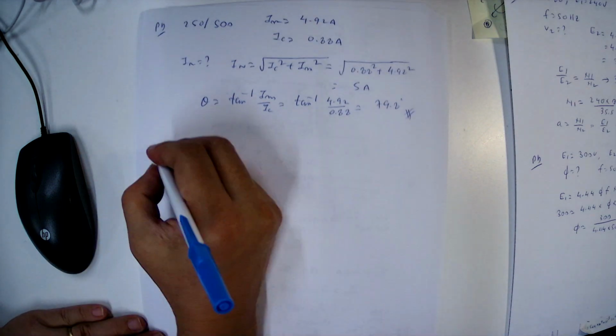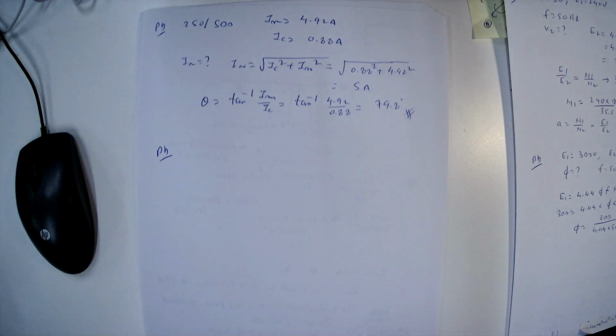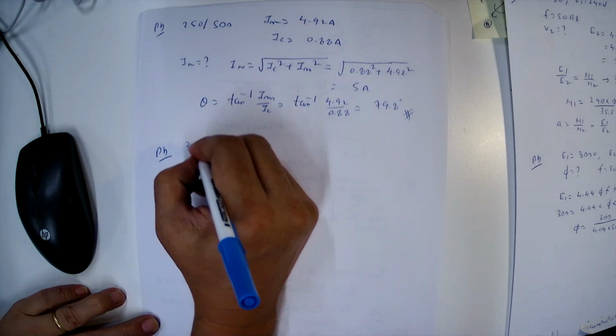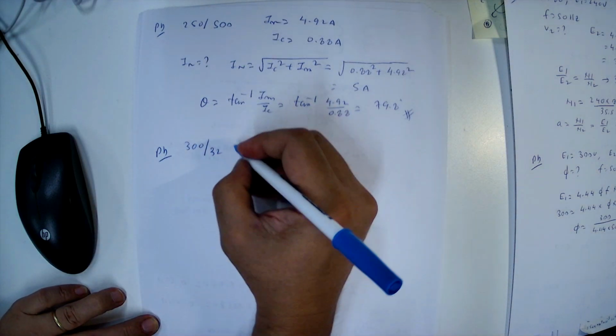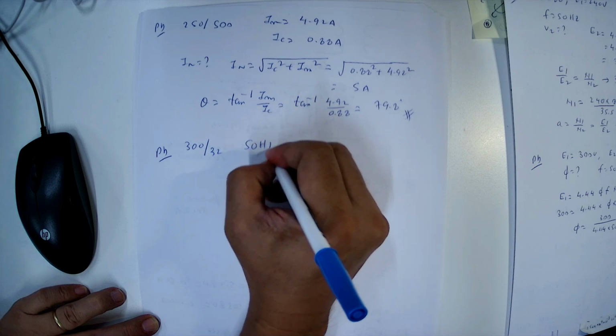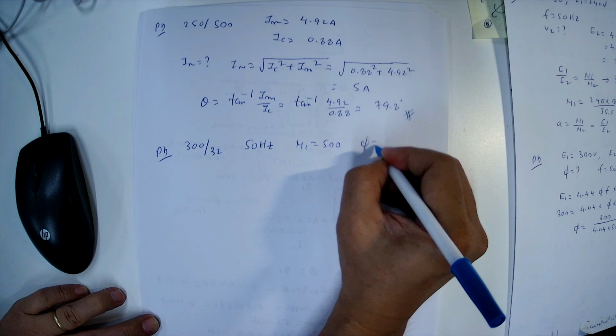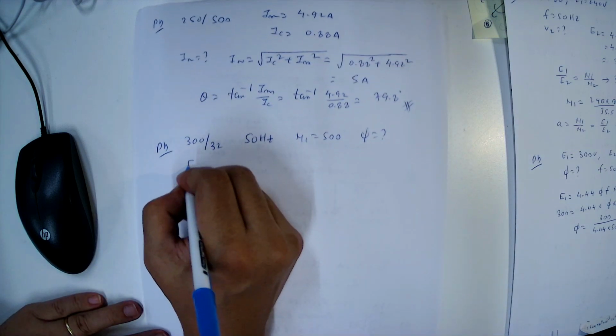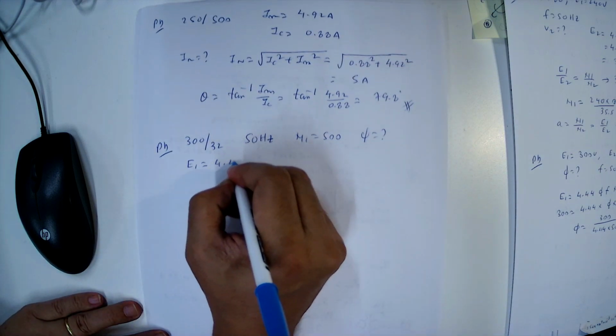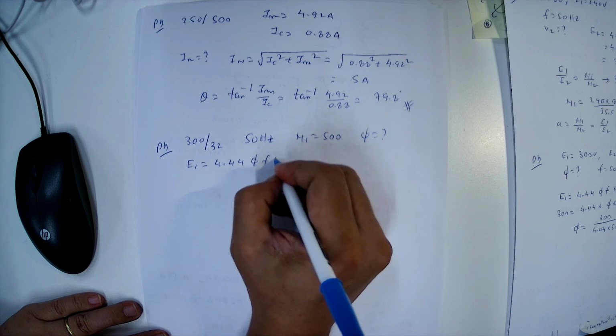And another problem: a 300/32 volt 50 Hz single phase transformer. Primary turns is 500. We have to find the maximum value of the core flux. So we calculate E1 equals 4.44 phi f N1.